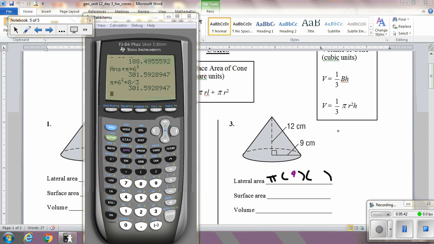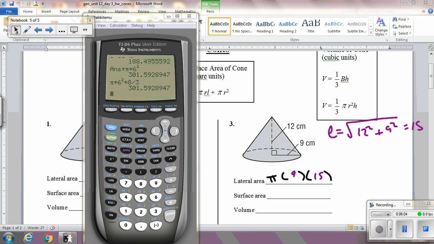We're given A and B. So the shortcut from the Pythagorean theorem to find our slant height is to take the square root of A squared plus B squared. And you would get 15. So our slant height is 15.